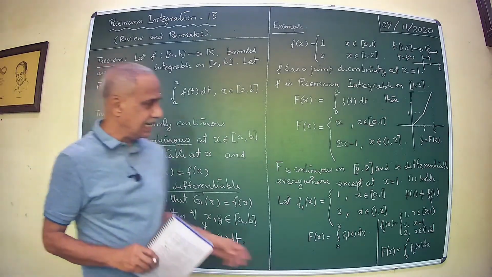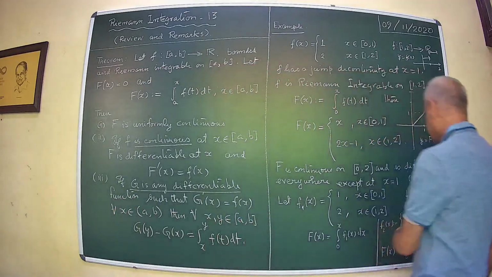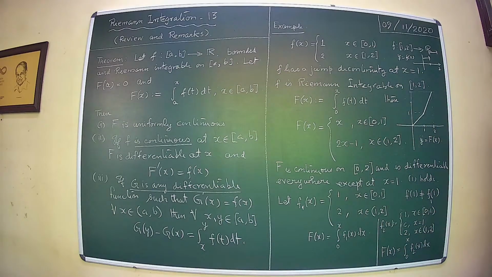In fact, by varying values of c, keeping it finite, you can get several functions, okay, for which capital F will turn out to be the antiderivative.